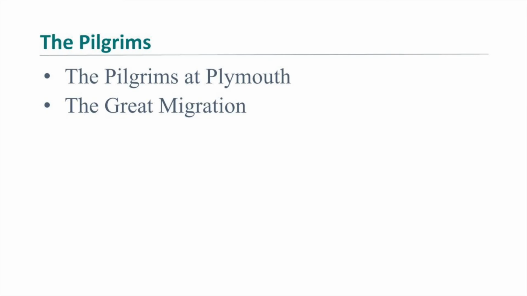Resting on the consent of all members of the colony, their government did not restrict voting to church members, and all land was held in common until it was divided up in 1627. In 1691, this independent colony became an official crown colony of England.